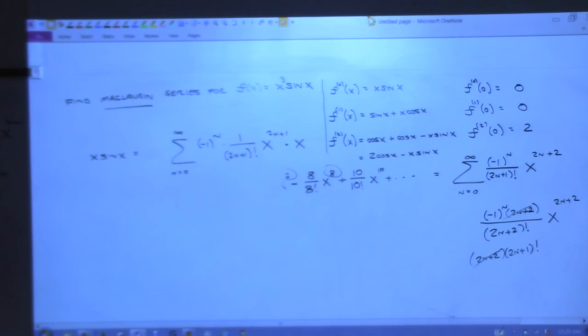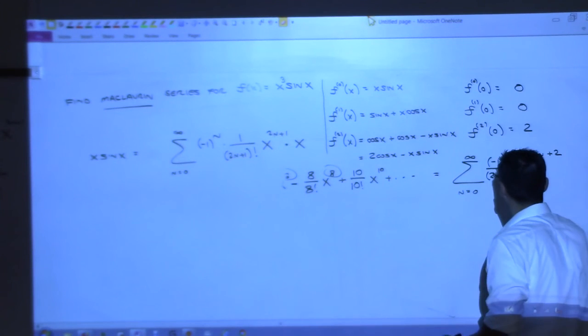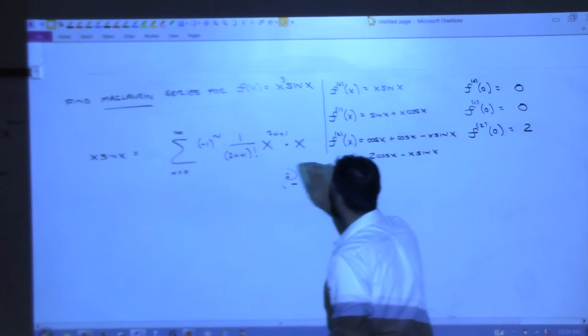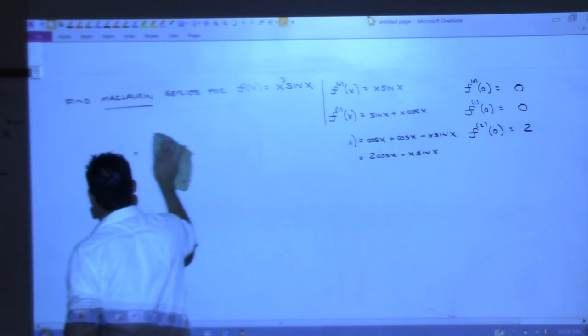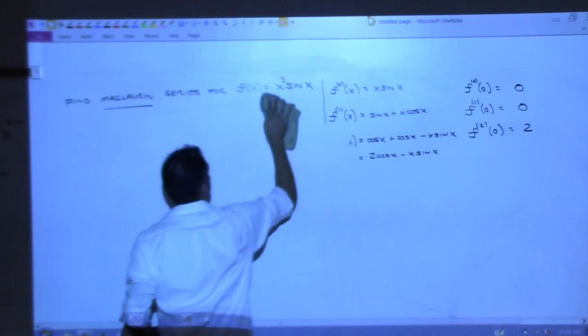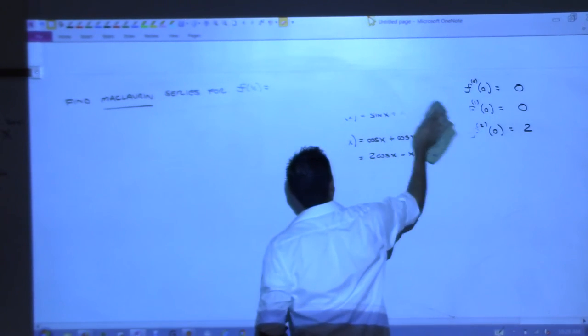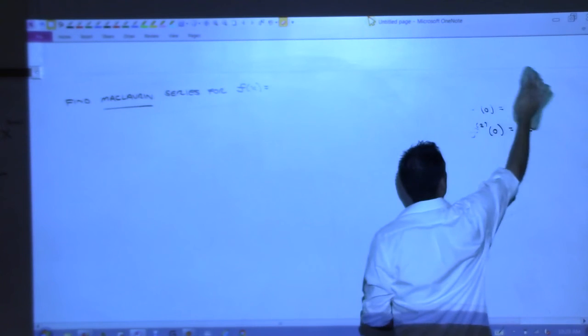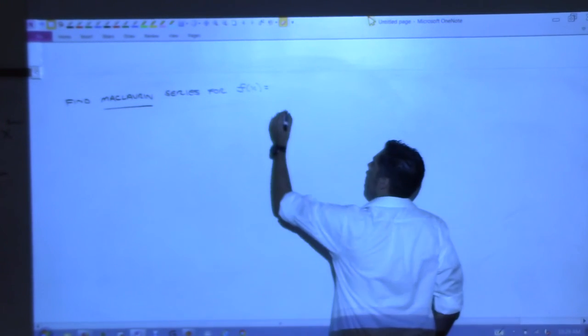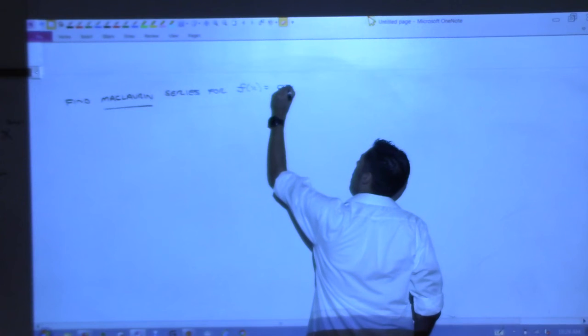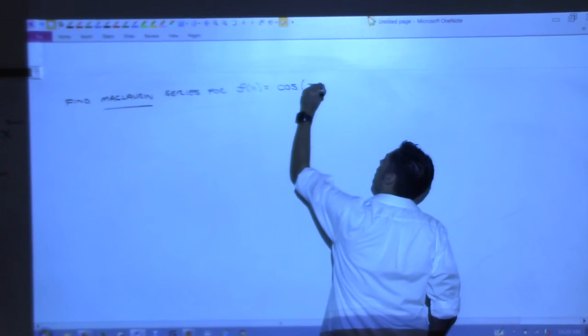Okay, I want to do one more because I only have 10 minutes, and I just don't think I'm going to have any time to do anything out of 8.6. I want to find the Maclaurin series for cosine of pi x.